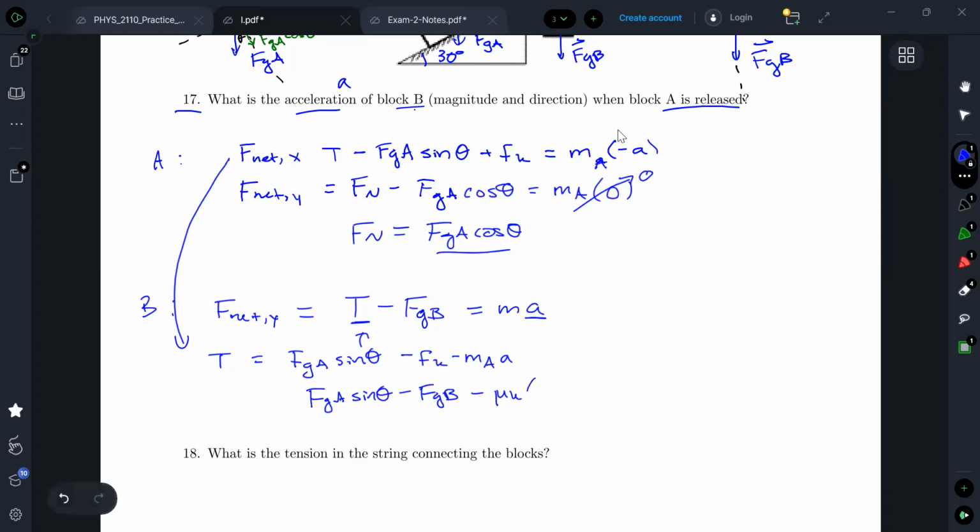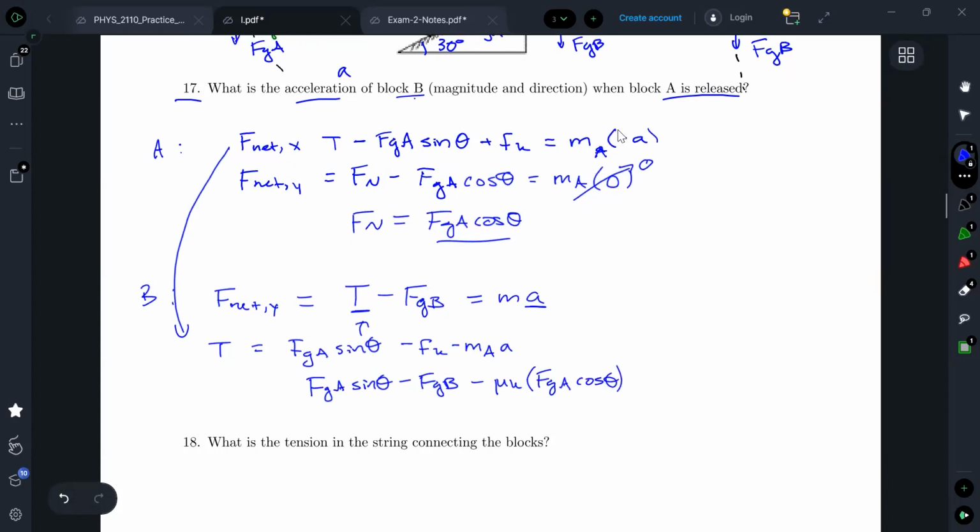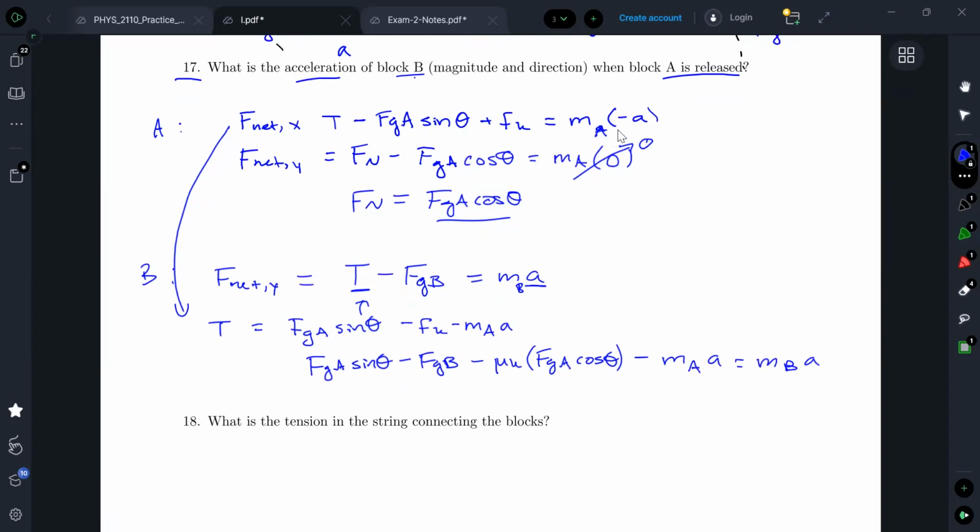And we found that normal force on the block to be FGA cosine theta, minus mass of block A times its acceleration. And then this was equal to mass of block B times its acceleration. Looks like a nightmare, but the only thing we don't know in this is the acceleration.